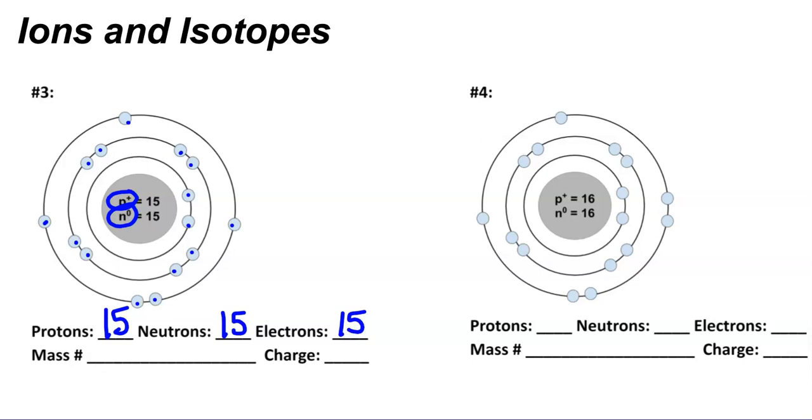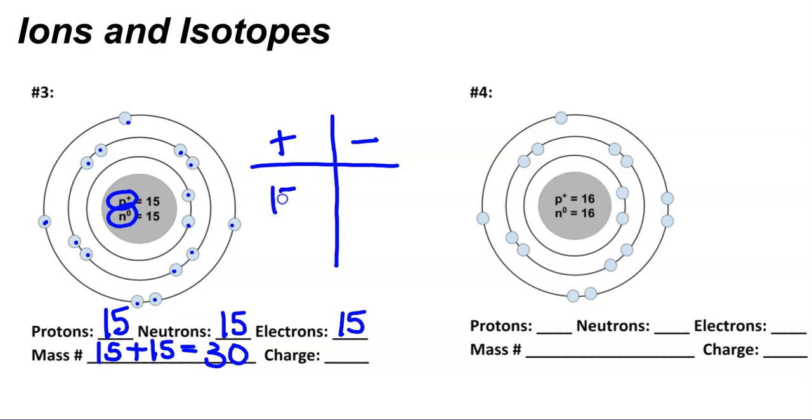Mass number is going to be protons plus neutrons. So in this case, 15 plus 15, which gives us a mass number of 30. And then for our charge, we look at the balance of positive and negative of protons and electrons. We have 15 protons and 15 electrons, giving us equal positive and negative for a charge of 0.